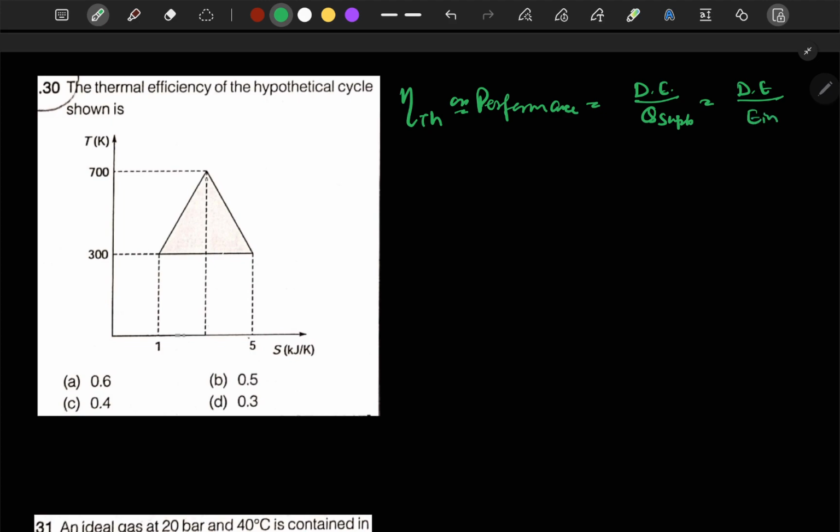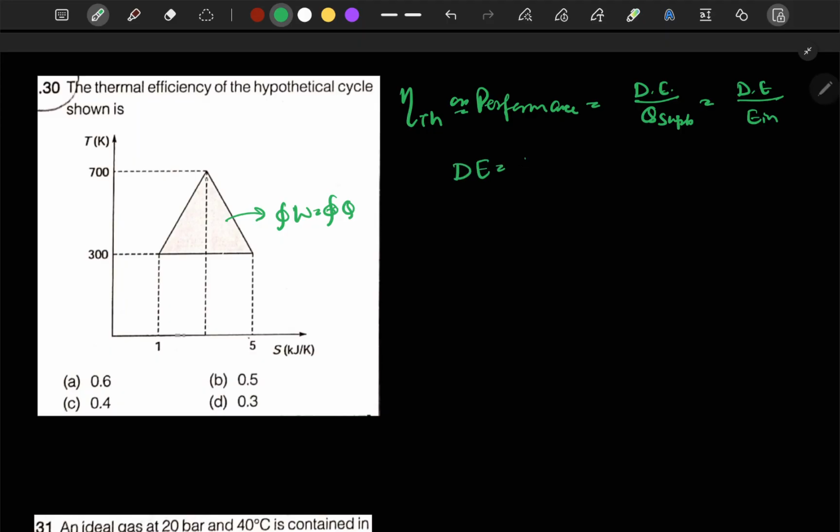Okay, and in this case, since it is a cycle, we can tell that work is equal to cyclic integration of heat. And for the TS diagram, the area inside the curve, the area of the cycle, is equal to the heat. So if we calculate the area, we can calculate the work done, that will be our desired effect over here.